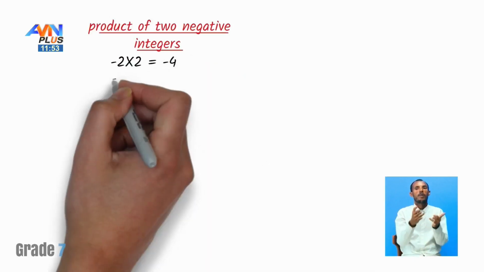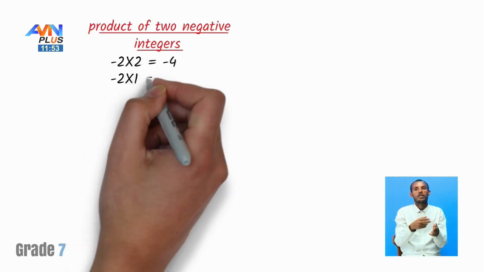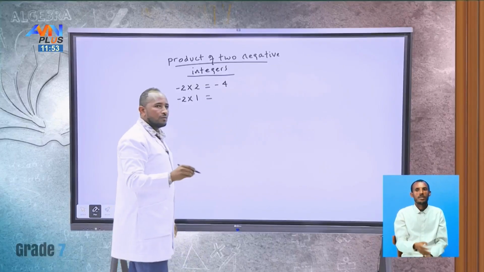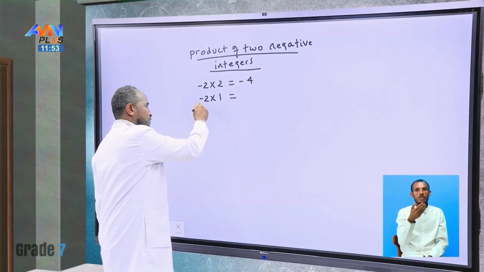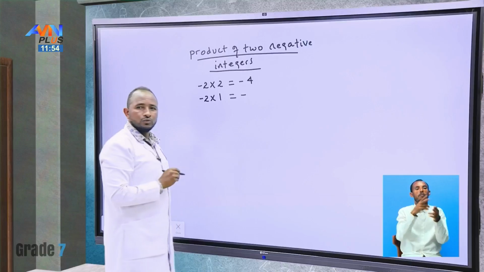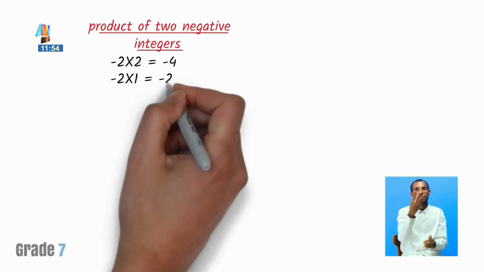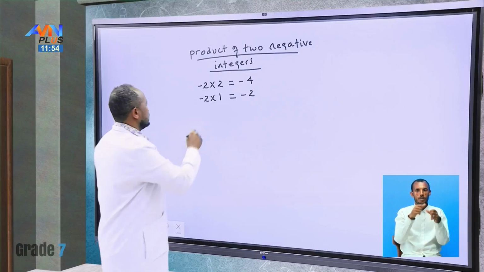Now take this one, negative 2 times 1. What is the product of negative 2 and 1? Good. One is positive, the other is negative. The answer is negative, and you multiply 2 times 1, which is 2. Therefore, the answer will be negative 2. Let's continue.